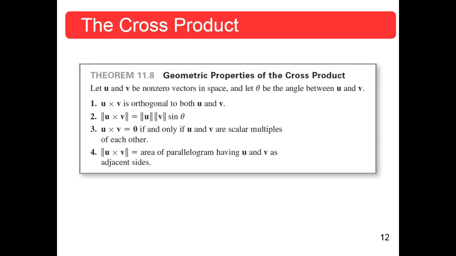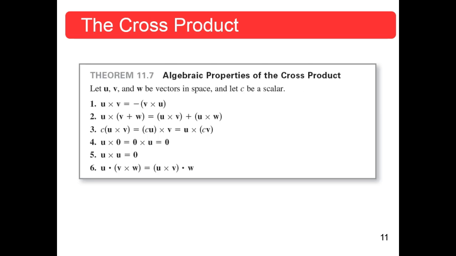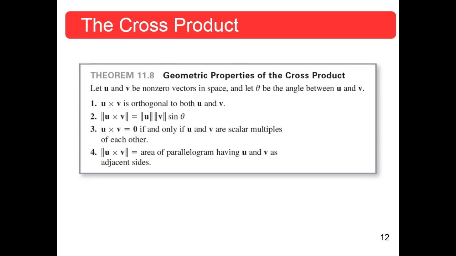This one's at the top of 781. The difference is these were algebraic properties of the cross product. Here are geometric properties of the cross product. Oh, goodness, we're almost out of time, aren't we? Okay. I think we can get this covered.